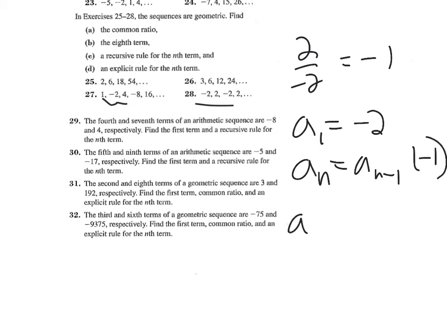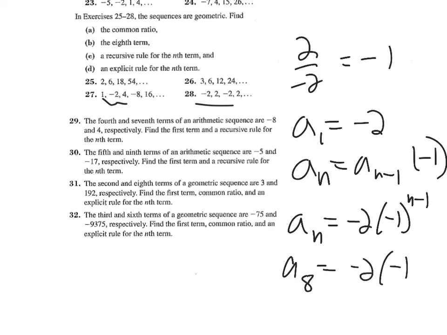And then the explicit formula is going to be a sub n equals negative 2 times negative 1 to the n minus 1. And for the 8th term, what's a sub 8? Well, that's negative 2 times negative 1 to the 7th power. Well, a negative number to an odd power is negative. Negative 1 times negative 2 is 2. Easy enough.